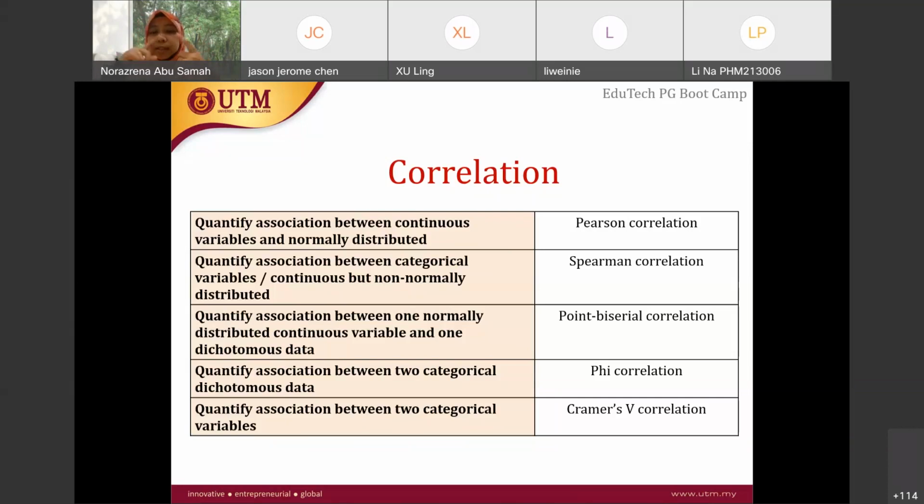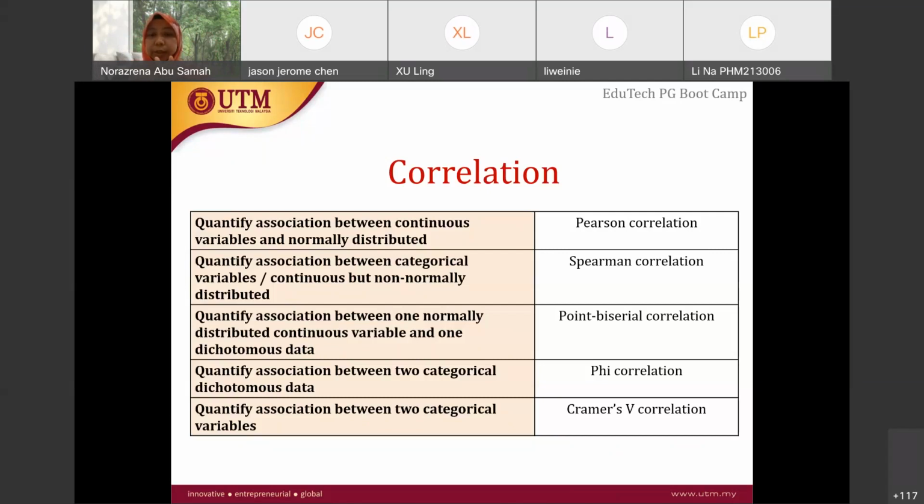Or the option is yes, no. Then it has two options, yes, no. Or sometimes you have smiley and sad faces, which you use for kids. Then you have two options, and it becomes dichotomous data.